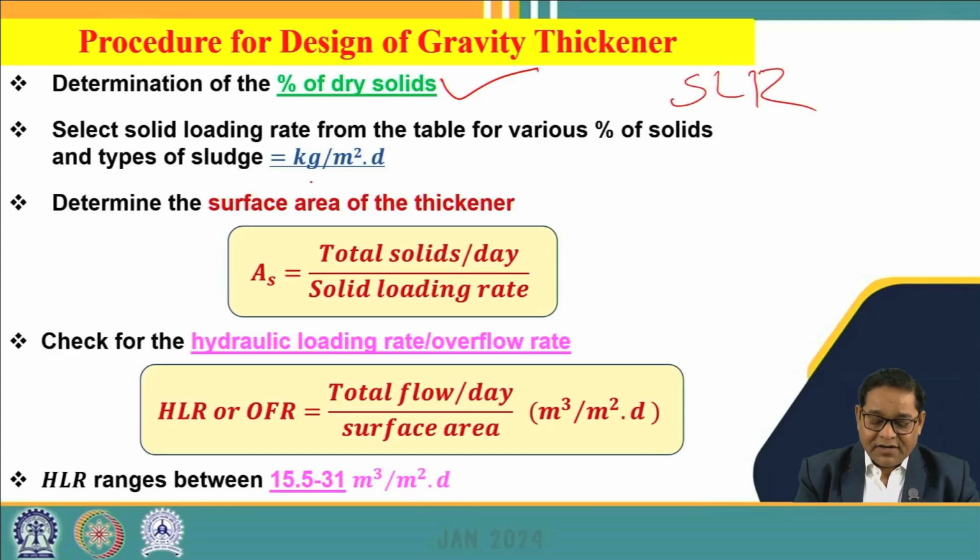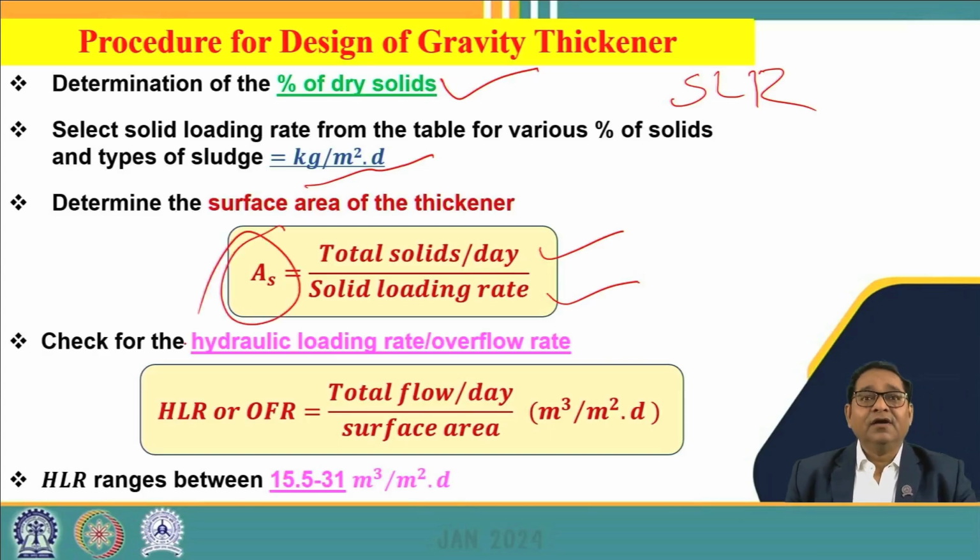And for that sludge loading rate, if we divide the total amount of the sludge by it, what we get is the surface area which is required for the thickener. Then using this surface area we can further design the dimensions, mostly circular in diameter, so accordingly we can find out the diameter of the tank needed as a gravity thickener.